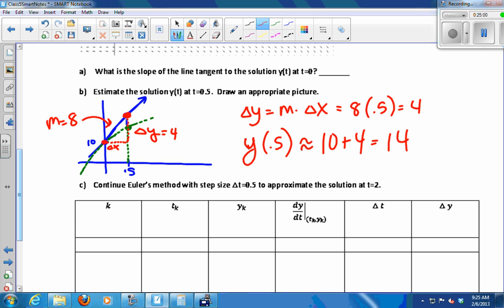And the larger your step size, the bigger the error is going to be, right? Because the closer you are to the point of tangency, the better the approximation. So a step size of 0.5 is actually pretty big. So we are going to have an error at each step, and those errors can accumulate. And that's a big drawback of Euler's method. To bring the error down, use a smaller step size.